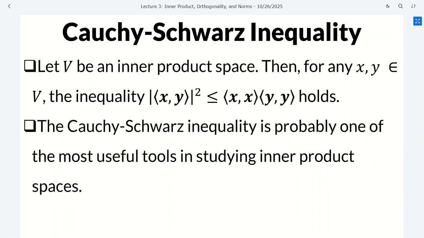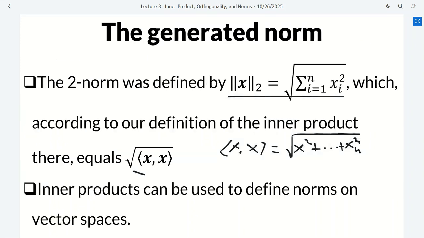Okay, we saw this one also last week, which is the Cauchy-Schwarz inequality, and this can be proven from here. We are going to use this definition to prove it.